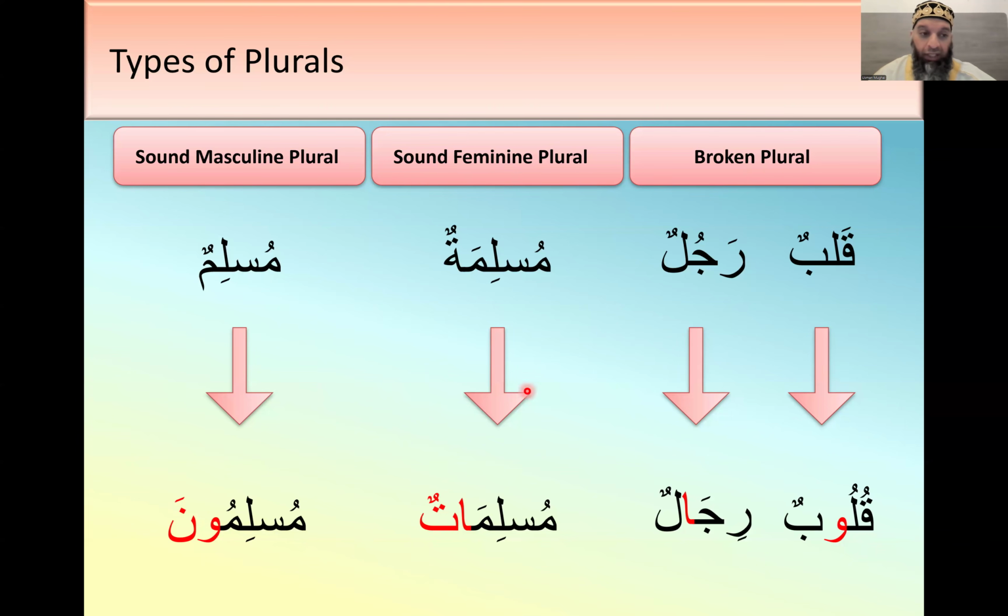Now I'm going to come up to here and ask you why these two are called sound. Can anybody, especially the non-Arabs, the ones who have never studied before and this is the first time, and then obviously the Arabs can jump in as well. But why are these two called sound? Okay, same sound consistently, okay? Wow, noon, singular form doesn't change. Okay.